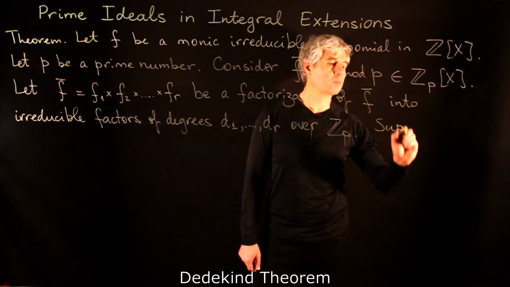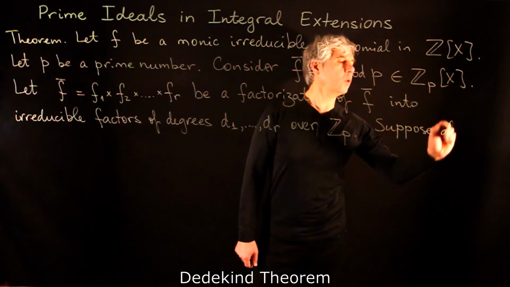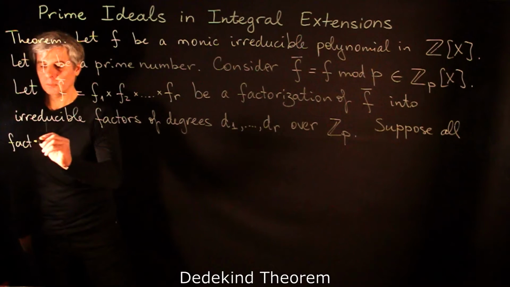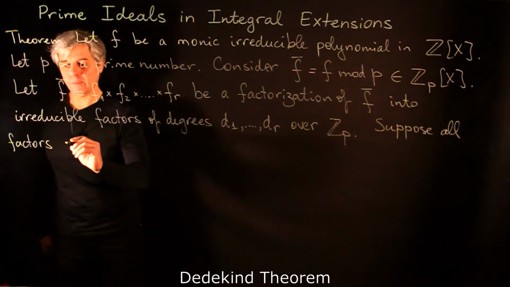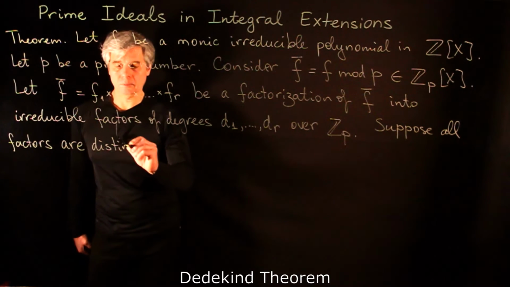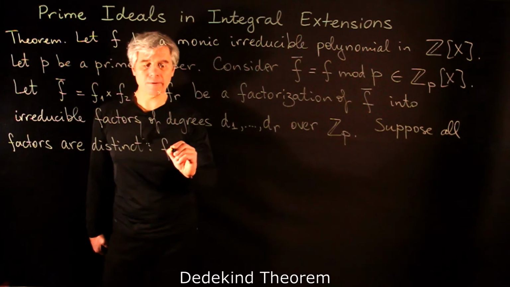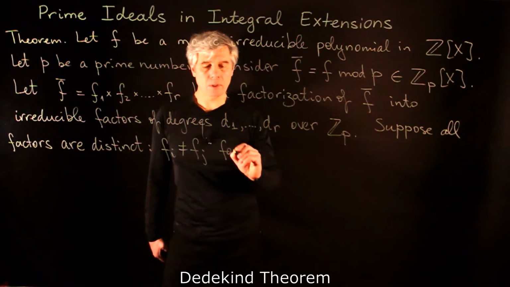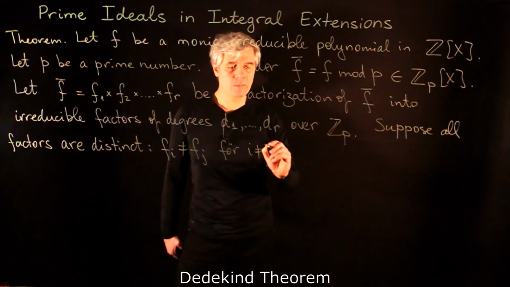Suppose all factors in these factorizations are distinct. So this means that fi is different from fj for i different from j.